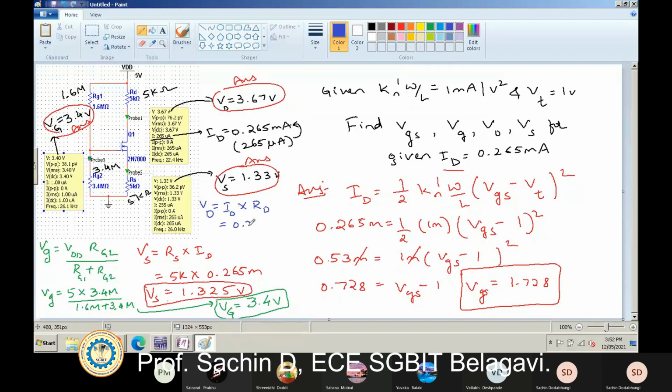ID is given as 0.265 milli and RD is 5 kilo. So what are you getting for VD?